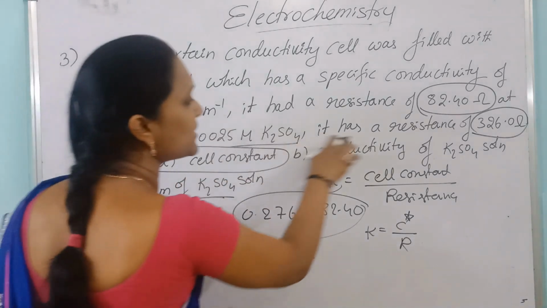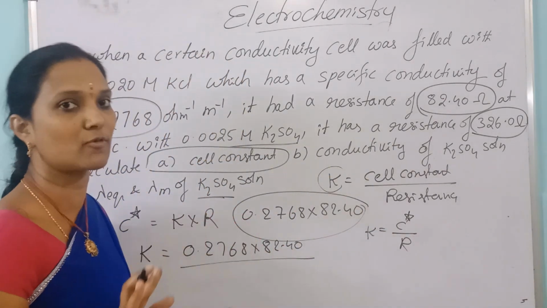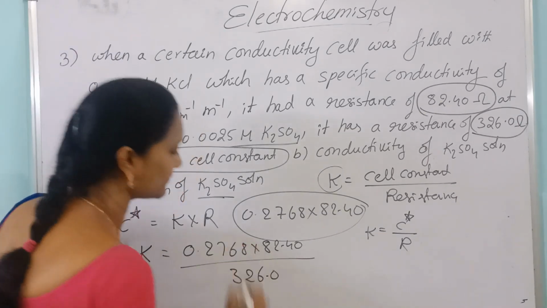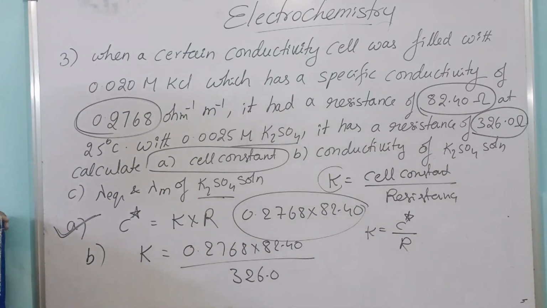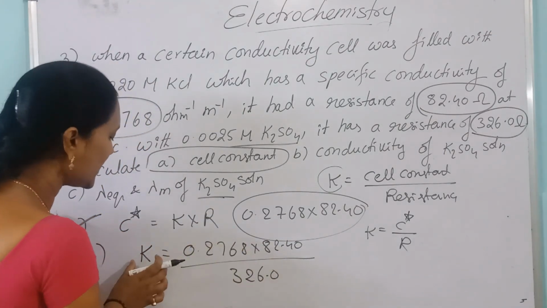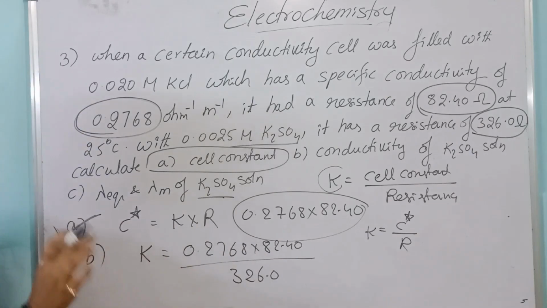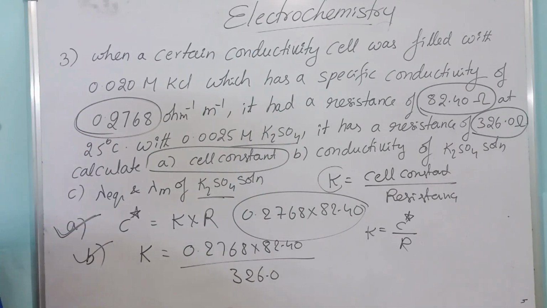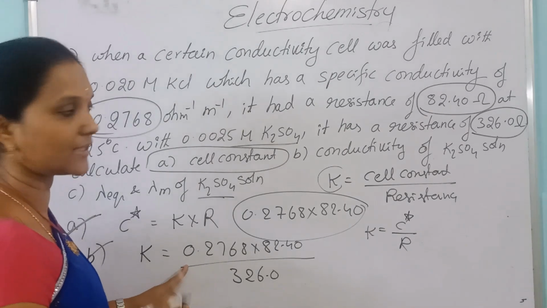What is the resistance of this solution? Because they are asking K2SO4, the resistance is 326.0. So if you simplify this, you will get the K value, nothing but the specific conductance of this K2SO4 solution. This is the second one.